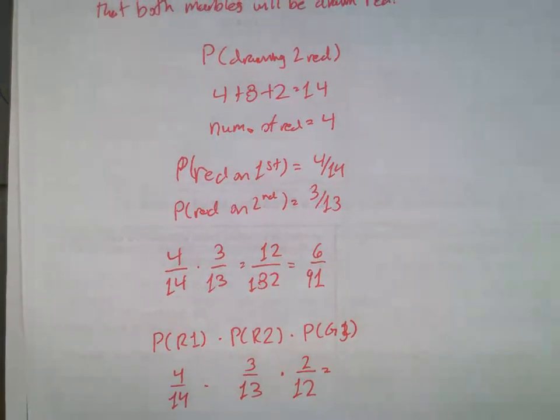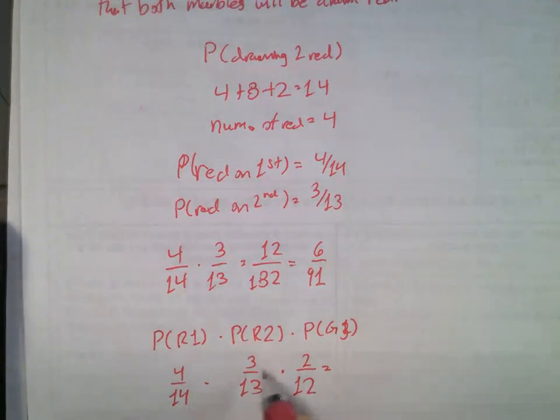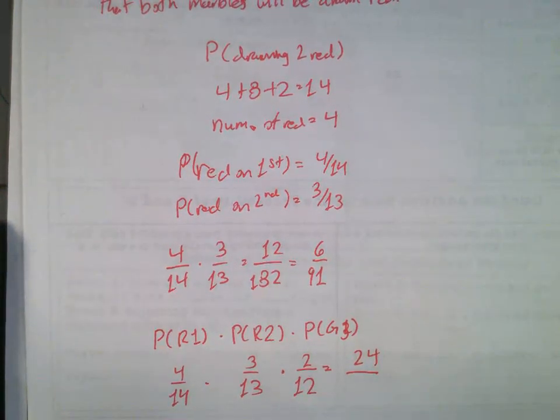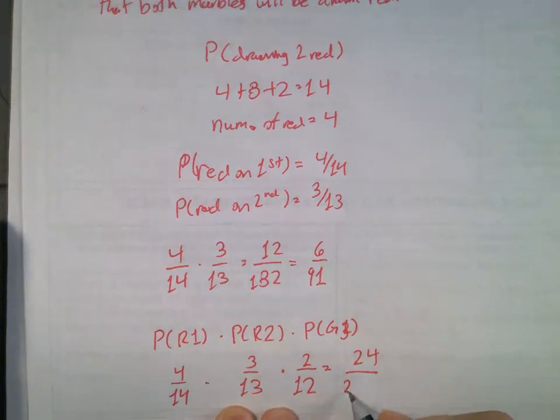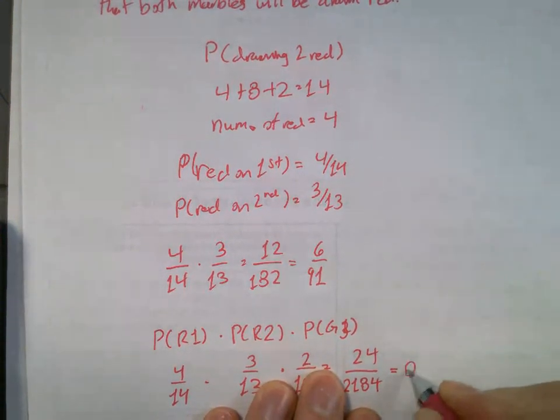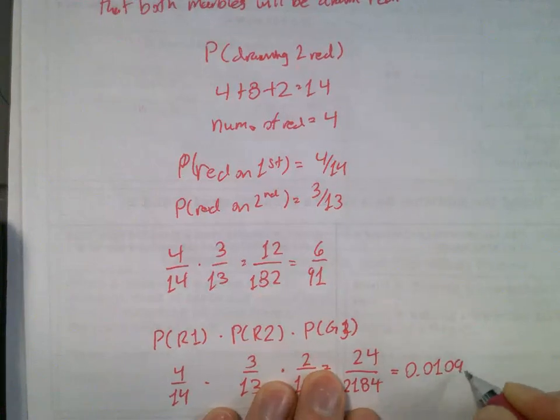Okay? If I multiply all that across, 4 times 3 is 12, 12 times 2 is 24, and 14 times 13 times 12 is 2,184. So 24 divided by 2,184 is 0.0109.